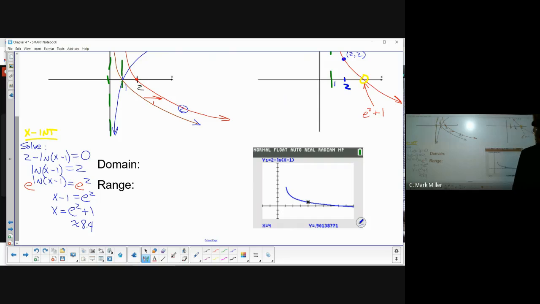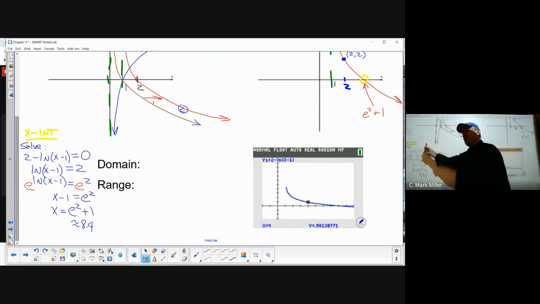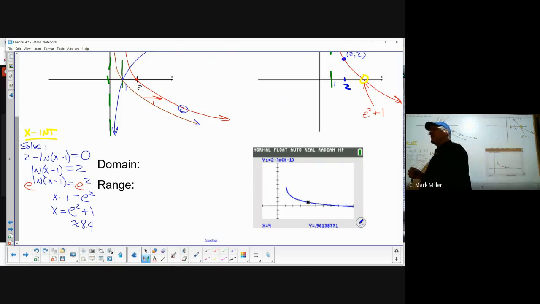I did that mainly to review how to solve something like that, because that's a skill that you need for other material coming up, and in chapter 5. I cannot emphasize enough about chapter 5.